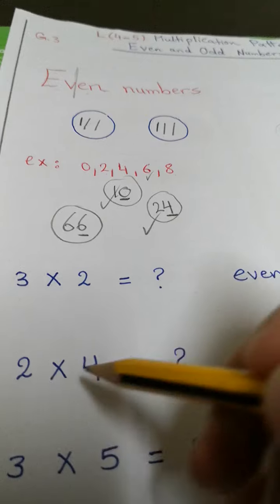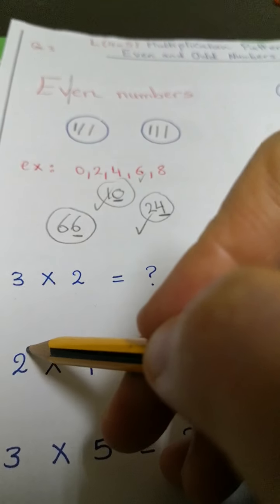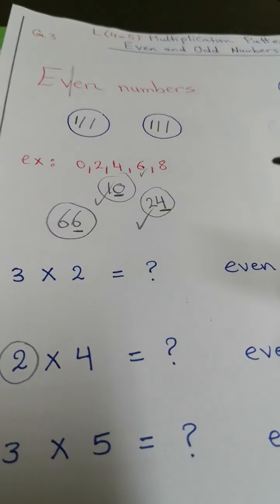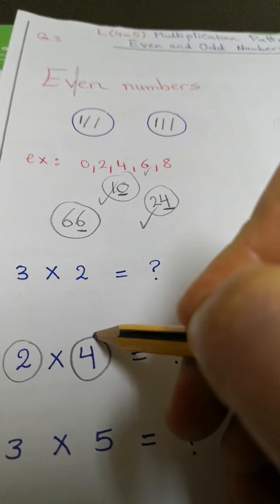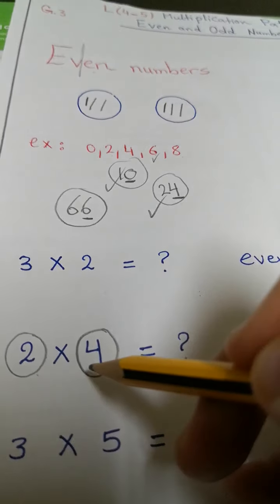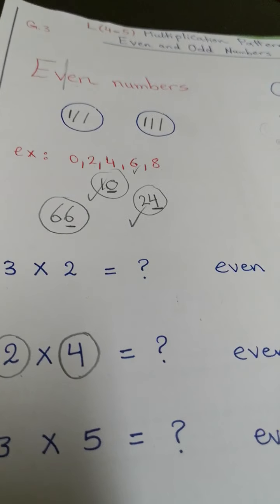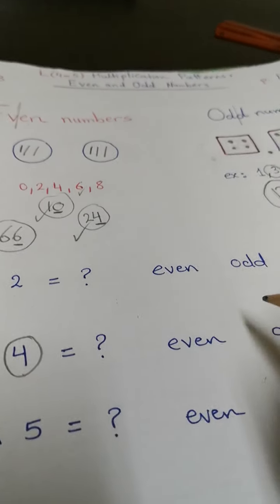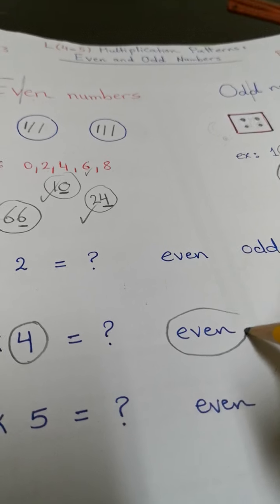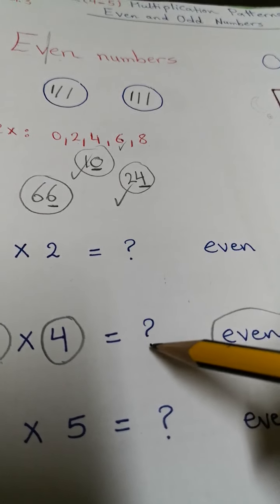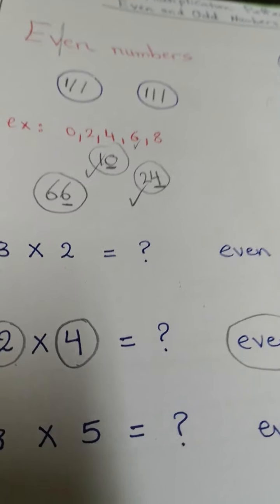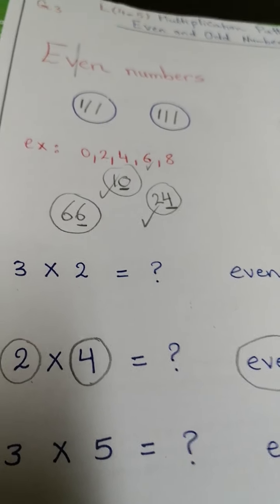Coming to 2 multiply 4: 2 is an even number, 4 is also an even number. So even number multiply even number, you must have an even number. So your product, I don't know what the answer is, I don't know what the product is, but the product is an even number. It is a rule. Easy.